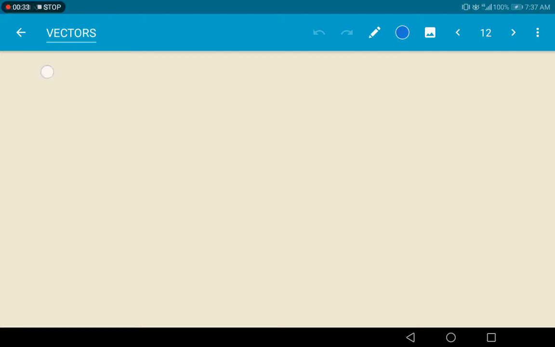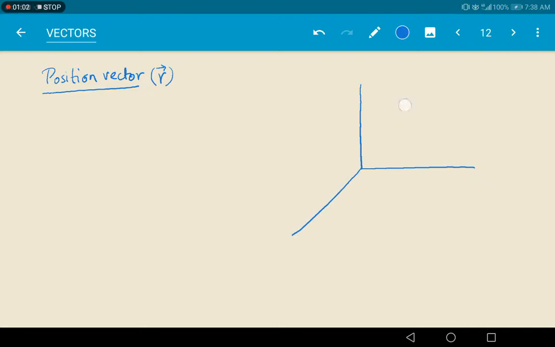In the last session we discussed the unit vector. In this one we are going to discuss the position vector. The position vector is represented by r bar. What is meant by position vector? Its name shows it is a vector which is used to represent the position of a given vector.